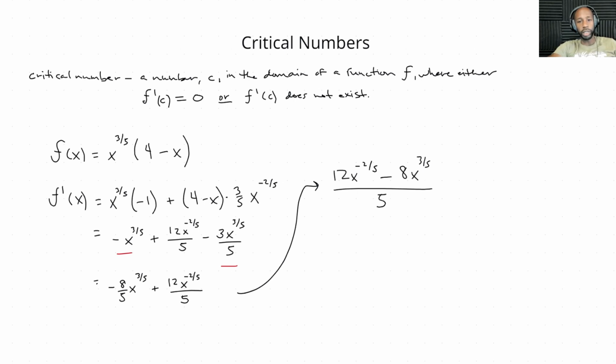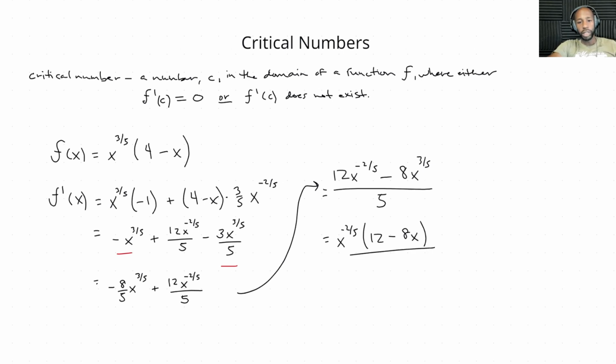So this would be x to the negative 2 fifths. Then you have 12 minus. When you factor out x to the negative 2 fifths from here, that just means that you subtract it. So that's going to be 12 minus 8x over 5.